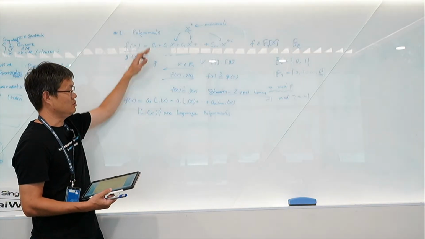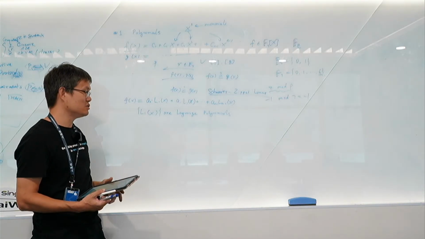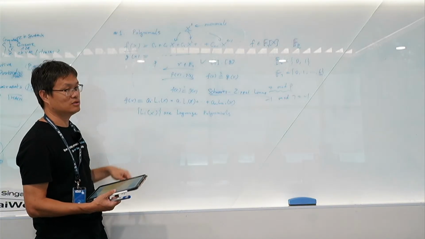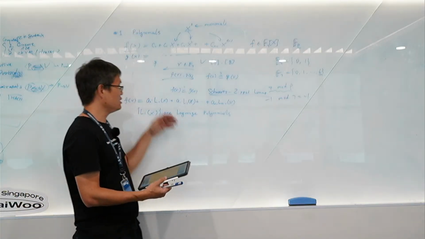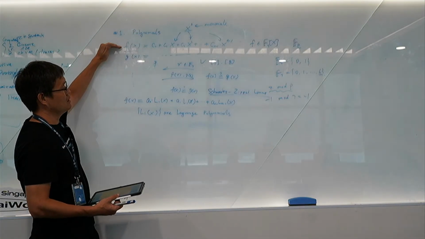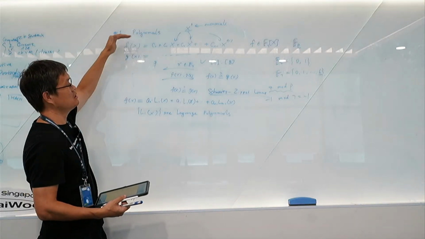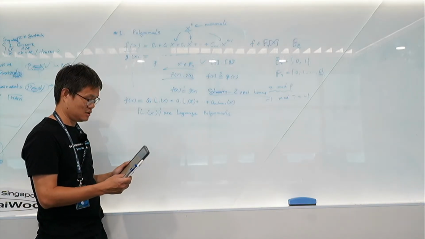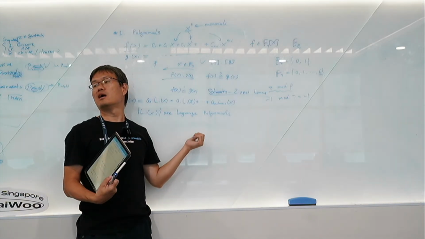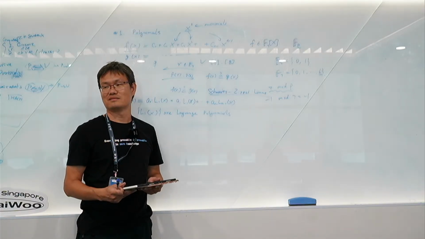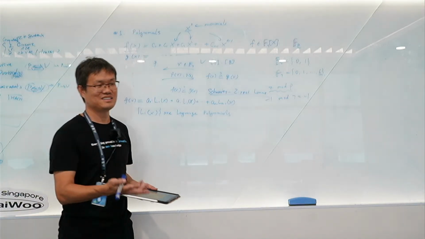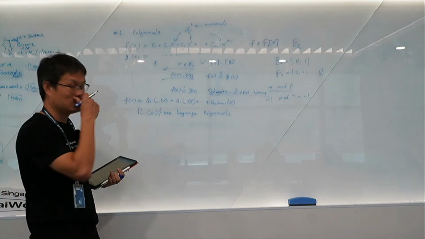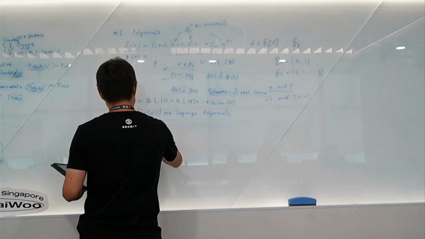Actually, we have multiple ways to encode a vector into a polynomial. But here, we just compare the vector as coefficients of monomials, or the vector as coefficients of Lagrange polynomials. Any question here? Okay. But right now, for Sumcheck, we need multivariate polynomials.